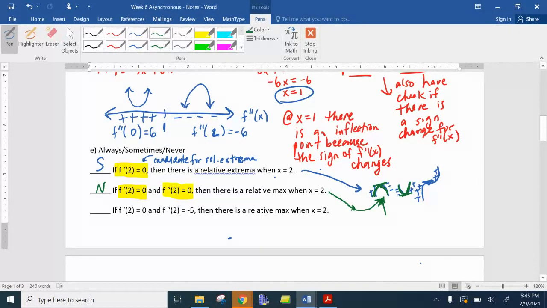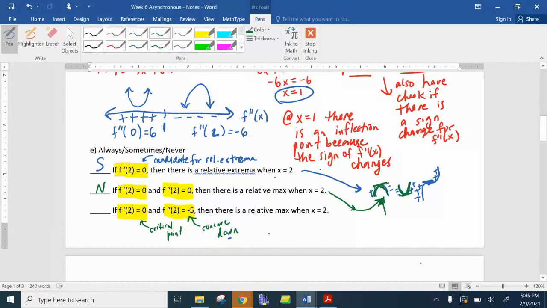If the first derivative is 0 at 2, once again, same starting point, and then the second derivative is negative. Okay, so here now we got a different situation. Right now we know there's a critical point. And because the second derivative is negative, this is going to be concave down.